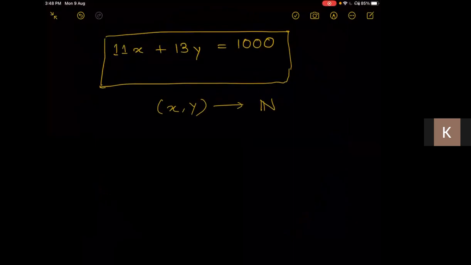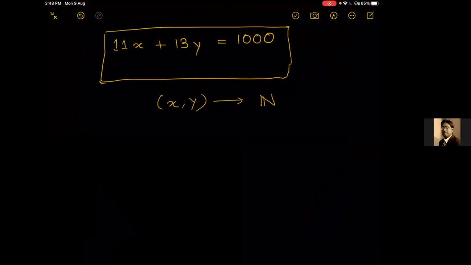Sir, can I tell my approach? Yes, tell your approach. Sir, I got 11x plus 13y is equal to 1000, where x, y belong to natural numbers.